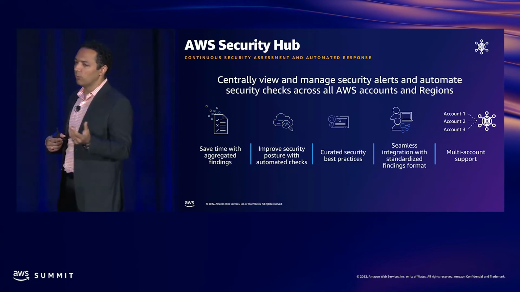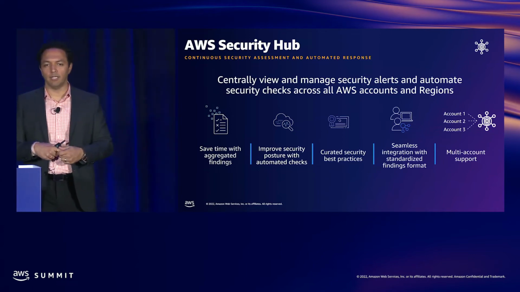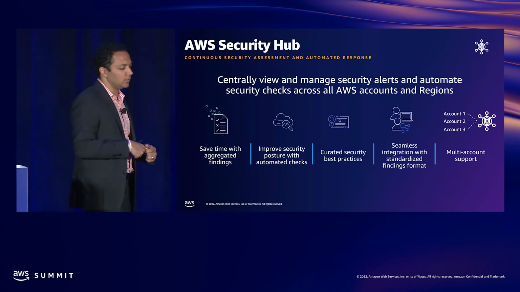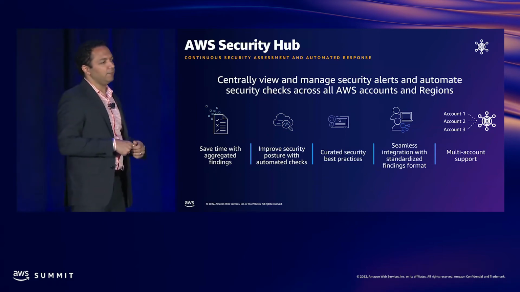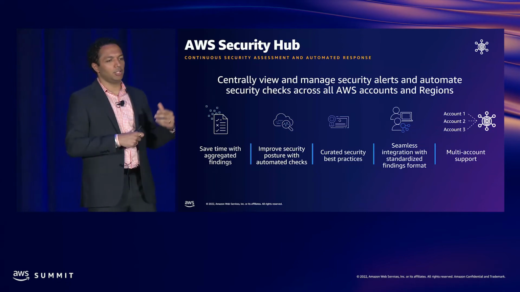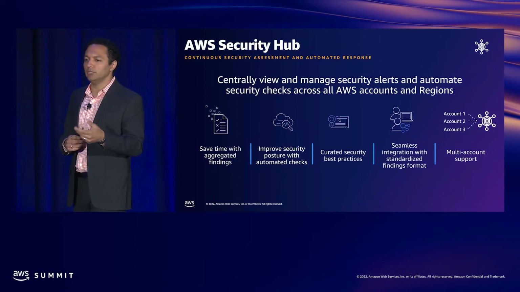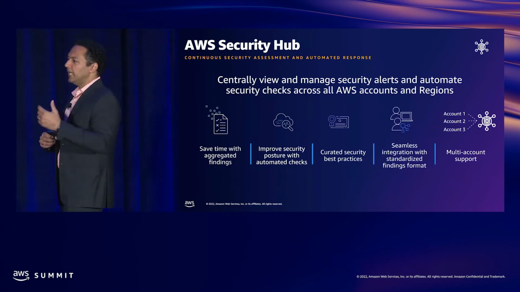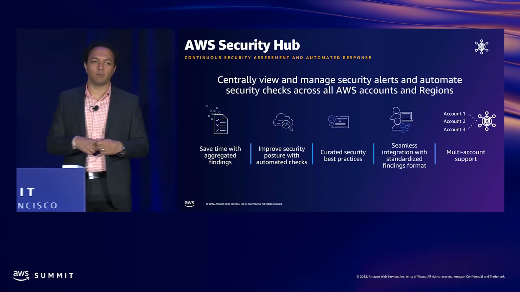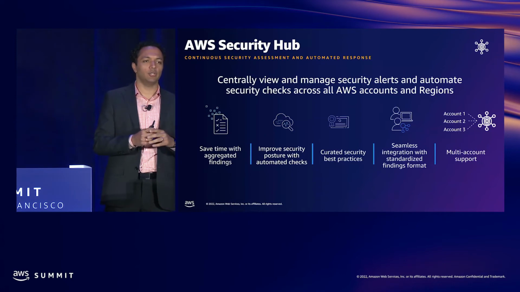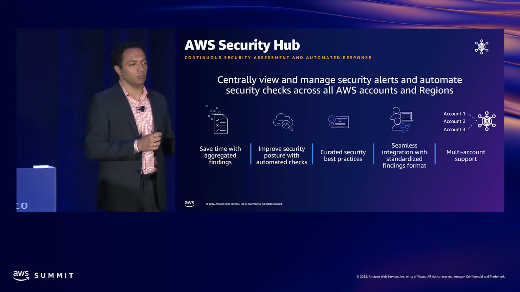You can designate a home region and then bring all the findings from other regions into that home region. The second main feature that Security Hub provides is for the security teams to be able to prioritize exactly where they need to take actions. As I mentioned, one of the core features that Security Hub provides is to evaluate your security posture and security controls.